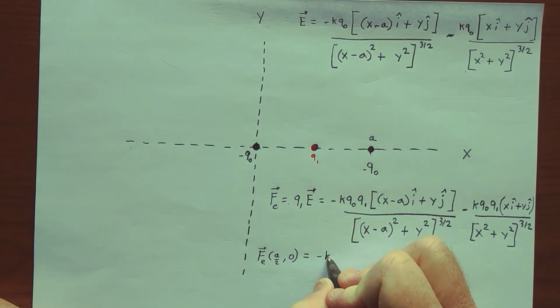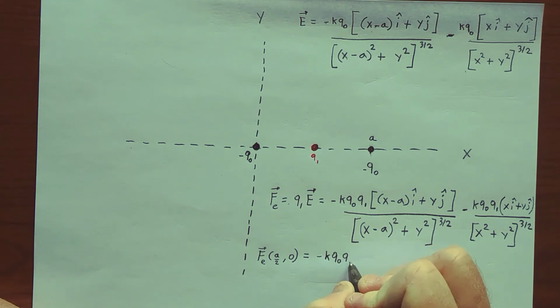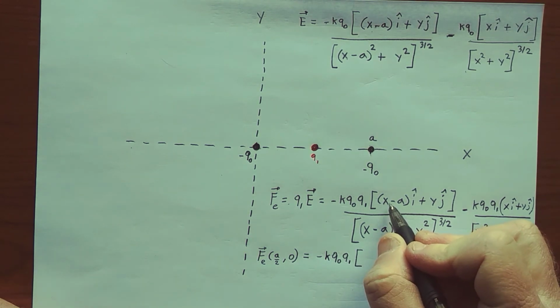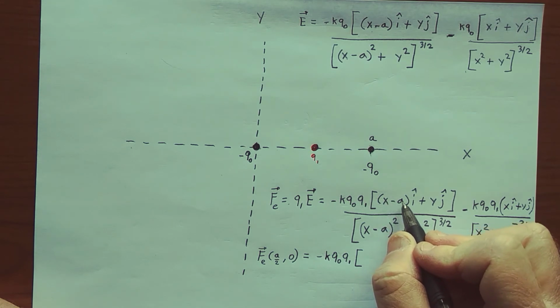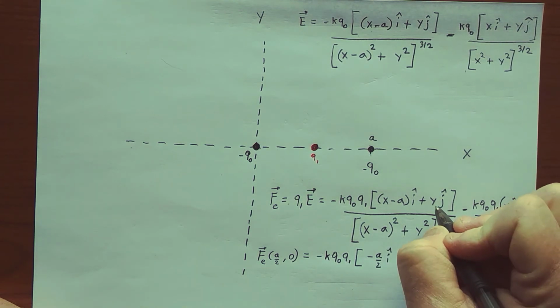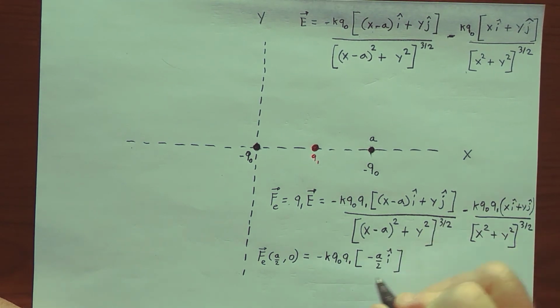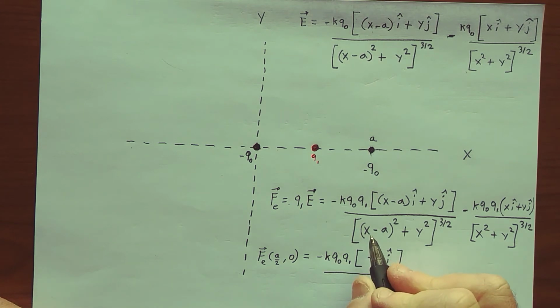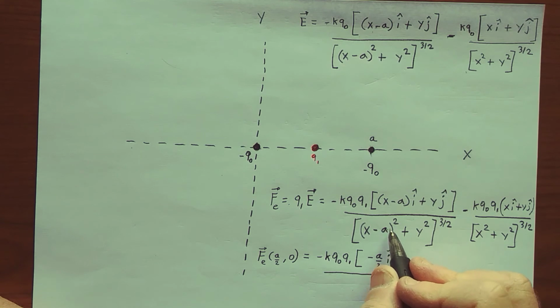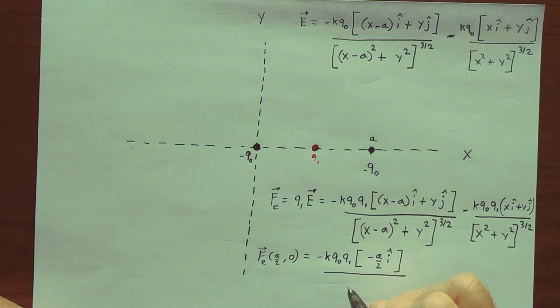We get minus K, Q naught Q1 times x is a over 2, so we get a over 2 minus a. That's minus a over 2 i hat. y is 0, so that goes away, over a over 2 minus a, that's a over 2 squared, so that's a squared over 4.